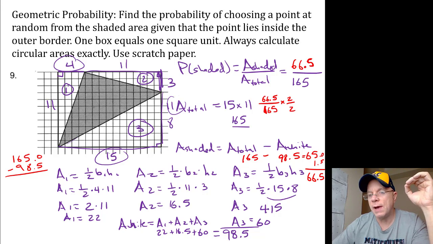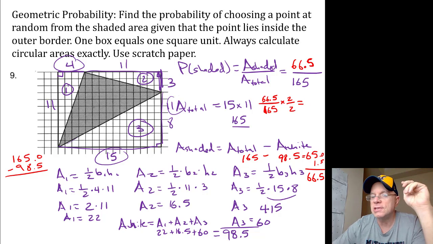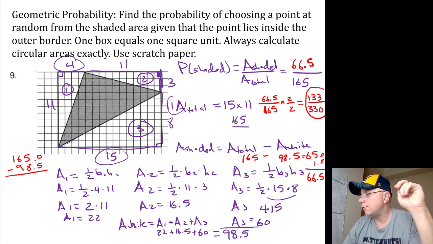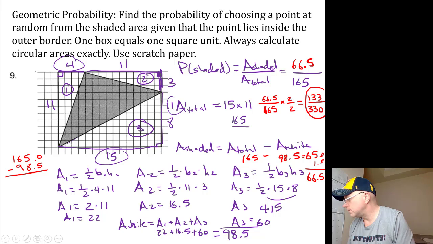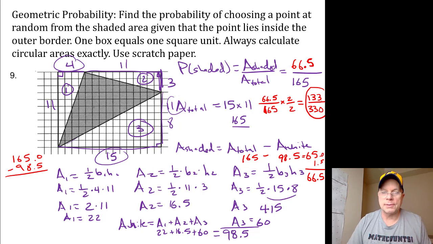We need to multiply by 2 halves so that my numerator becomes a whole number. You don't want a fractional number in your numerator or denominator. That's a complex fraction. But 66.5 doubled is 133, and 165 doubled is 330. And 133 over 330 is the answer. That's a hard problem.